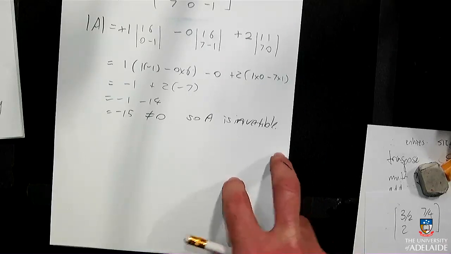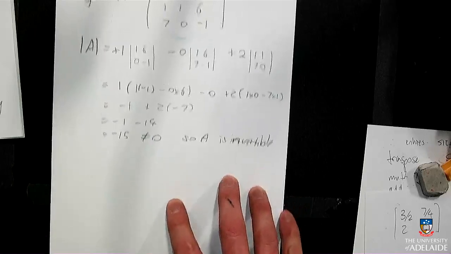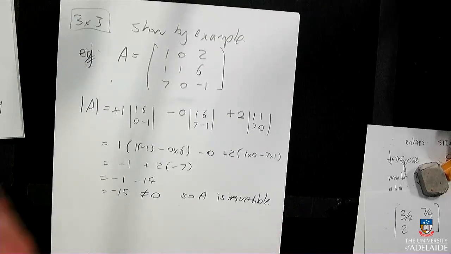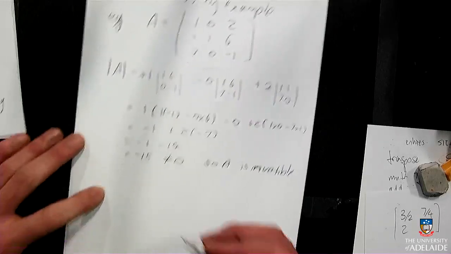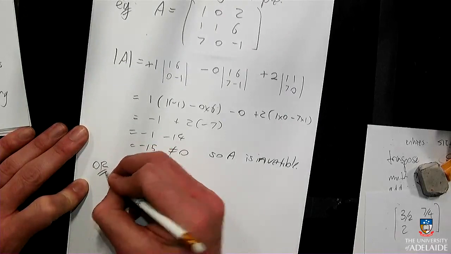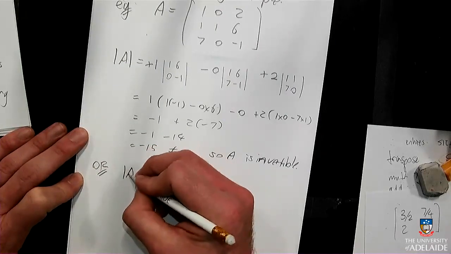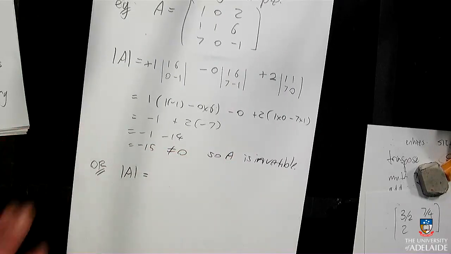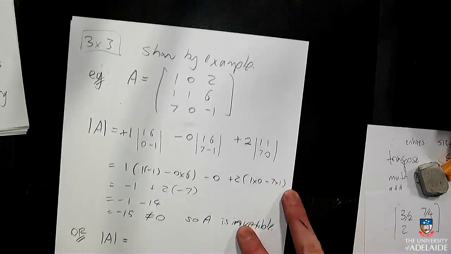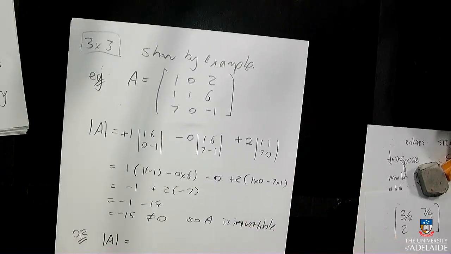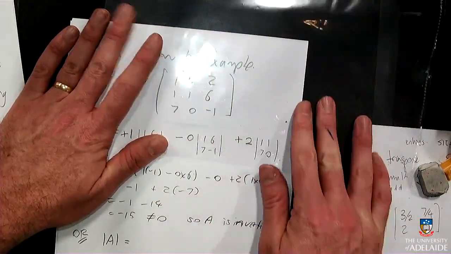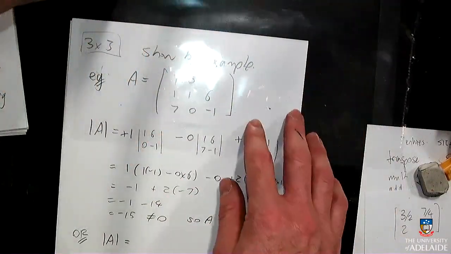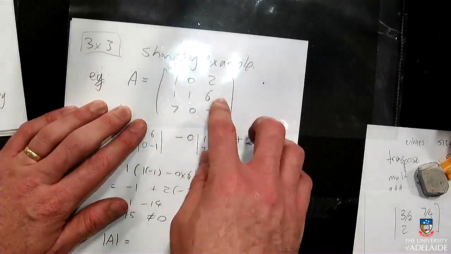So I'm just going to finish off determinants while I'm at it. Technically, there is this plus minus plus. I can adjust that to be different if I use different rows. I could also use any row or any column as long as I put the pluses and minuses in the correct spot. So I could use, for example, the second row.